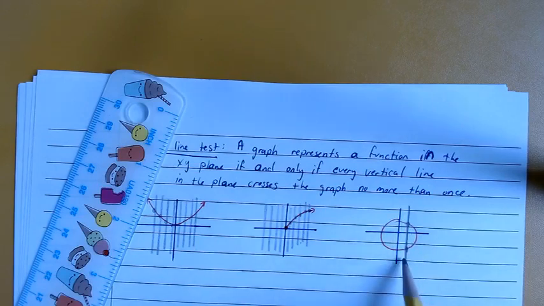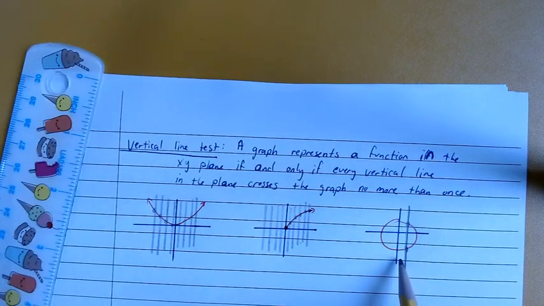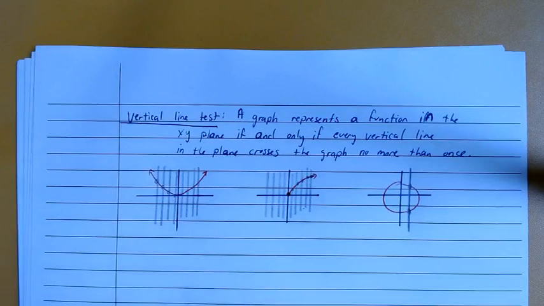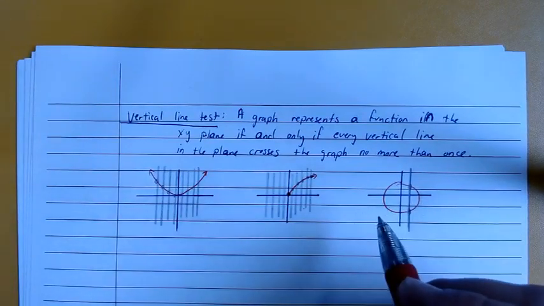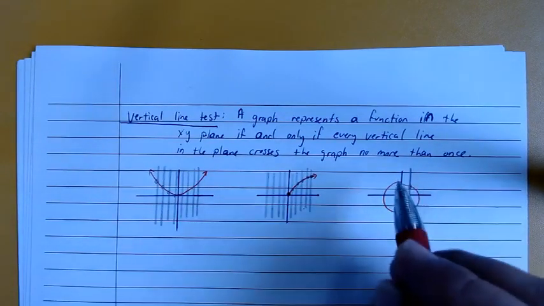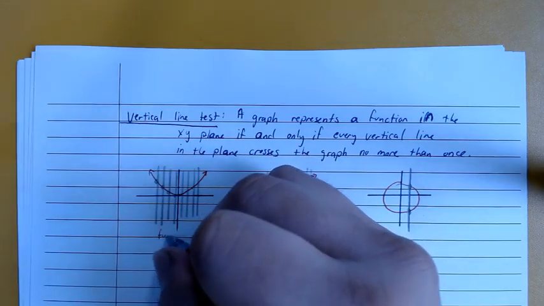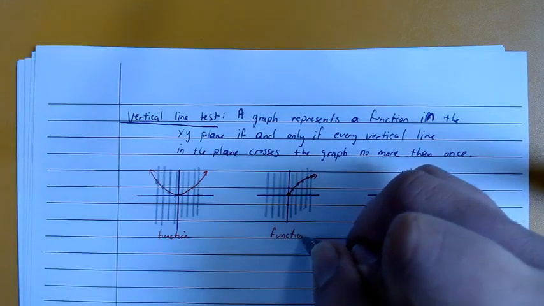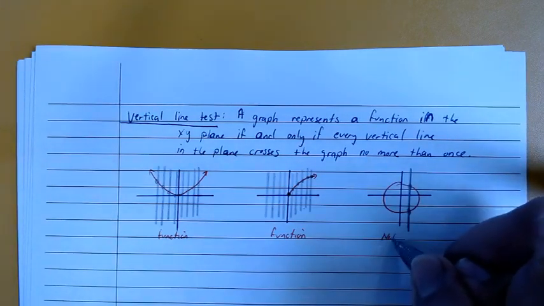Here, I found one vertical line which crosses the graph more than once, which means if you have more lines, well, that's fine, but you need only one. So here, this is the graph of a function, but this is not the graph of a function.